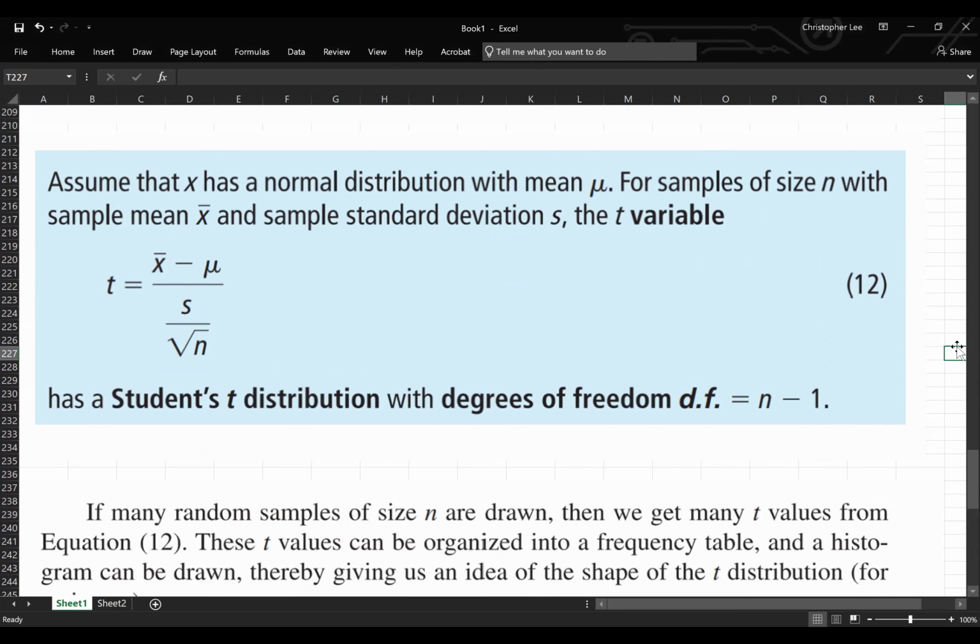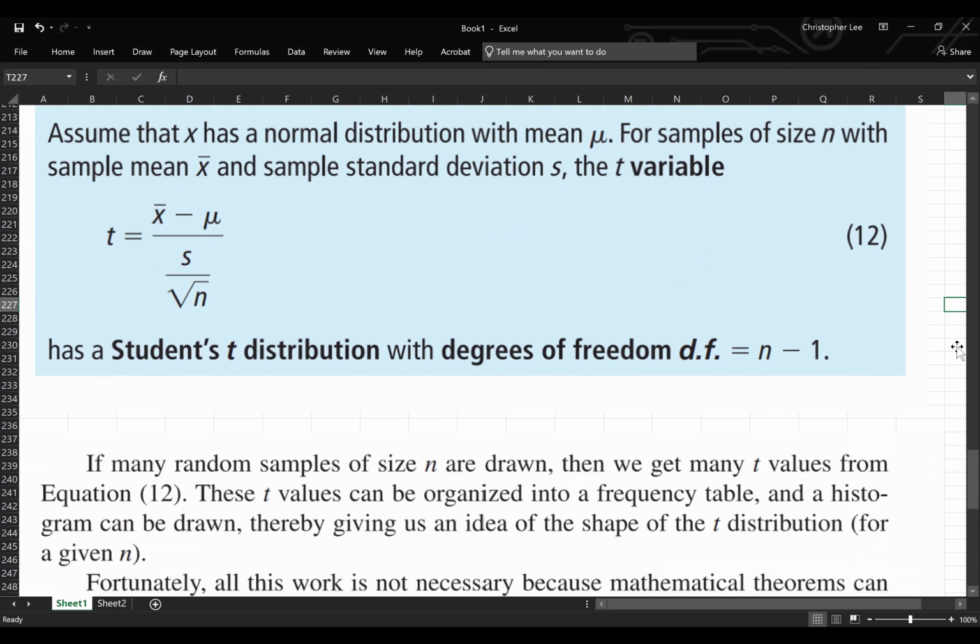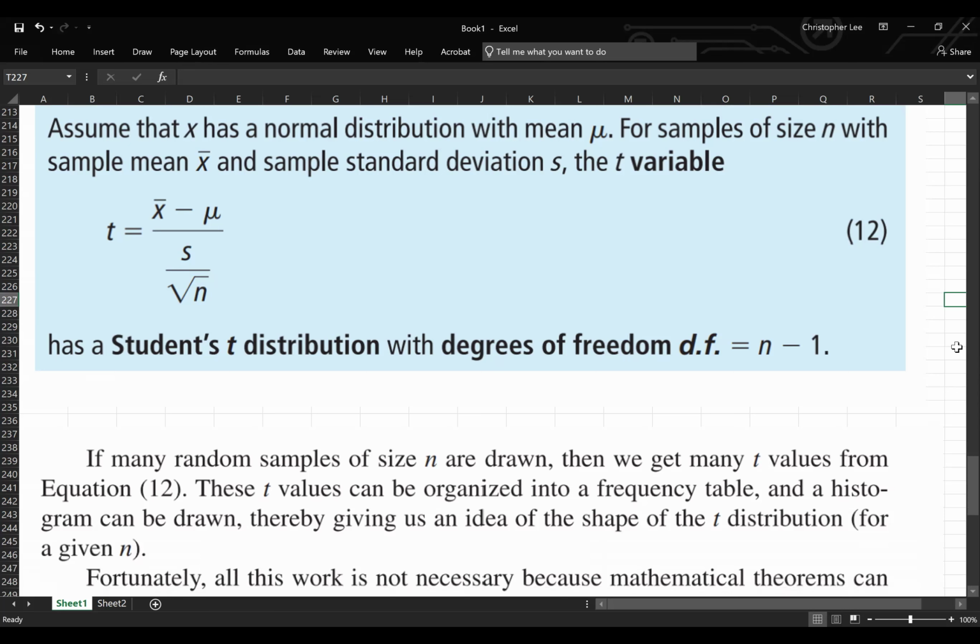All right. If many random samples of size n are drawn, then we get many t values from the equation. These t values can be organized into a frequency table and a histogram can be drawn, thereby giving us an idea of the shape of the t distribution for a given n.